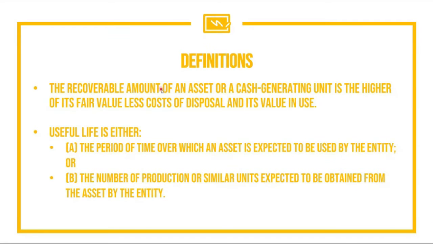So when you talk about the recoverable amount, it is simply the higher between the fair value less cost to sell, or less cost of disposal, and value in use. When we talk about useful life, the useful life is either based on the period of time by which we can use the asset or the number of units of productive capacity expected from the asset.